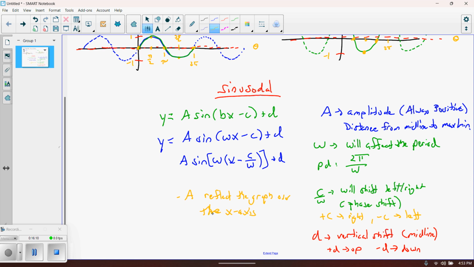So that's what a negative a value does. The negative actually just takes the entire sine or cosine function and reflects it over the x-axis, or over its midline, I guess you should probably say. If the whole thing has been shifted, then the x-axis will no longer be the midline. So that's the basic shifts.